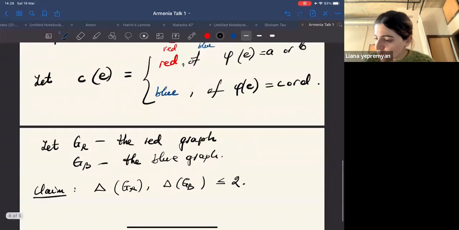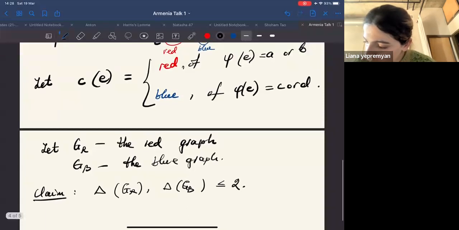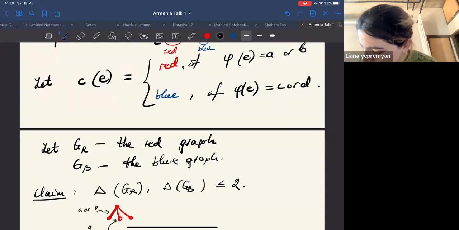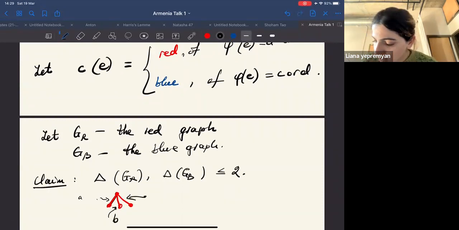Right? Why is that so? How would I have three red edges coming out of a vertex? To have 3 red edges from a vertex, this one has to be A or B, and this one has to be A or B. So let's suppose the first one is A, the second one is B, and the third one has to be A or B, but my original coloring was a proper edge coloring.